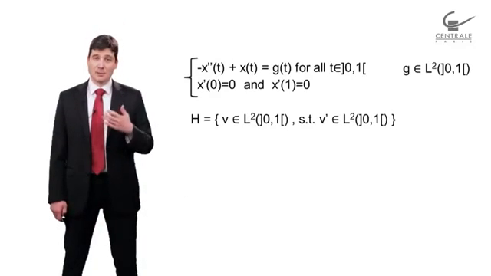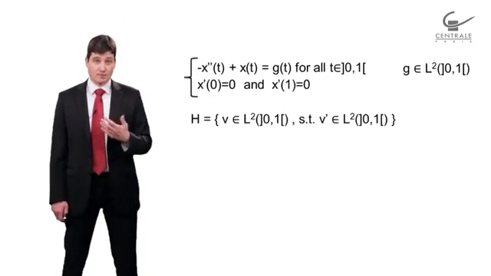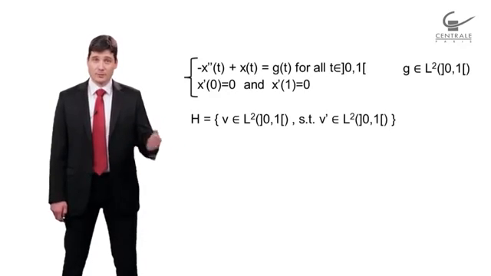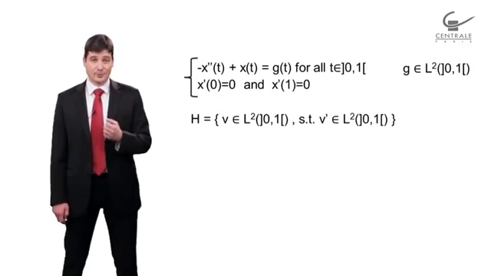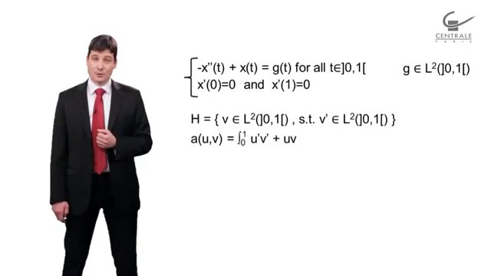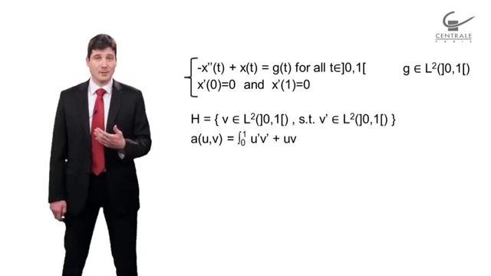So let's start by defining H, a space composed of all functions v that are in L2, such that the derivative is in L2. Let me also define A(u,v), a bilinear form defined by the integral between 0 and 1 of u prime v prime plus uv.